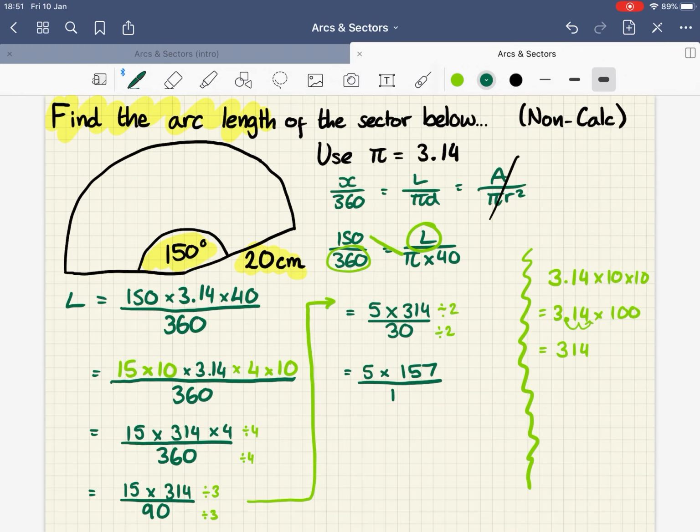And that all goes over 15. Well, now I can see I've got a 5 and I've got this 15 here, so I can divide them both by 5. So I've now got 157 over 3. And I can't simplify it any further.